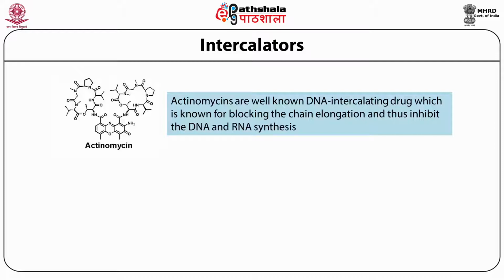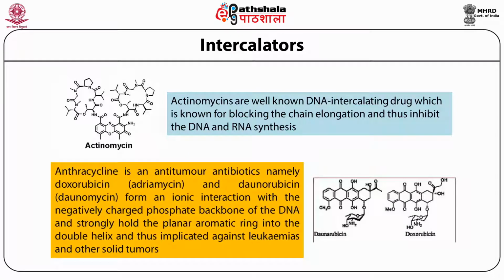The other intercalators are the anthracyclines, anti-tumor antibiotics, namely doxorubicin and daunorubicin, which form an ionic interaction with the negatively charged phosphate backbone of the DNA and strongly hold the planar aromatic ring in the double helix, and are thus used against leukemia and other solid tumors.